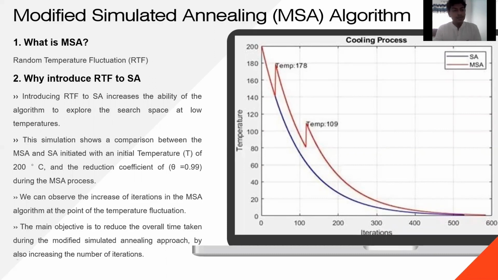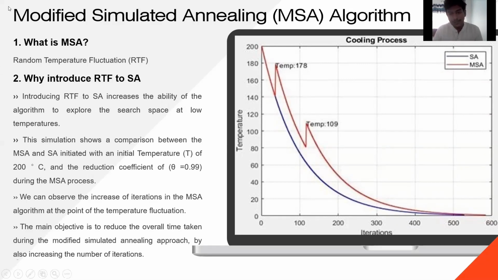As you can see here, in modified simulated annealing algorithm, what is MSA? Modified simulated annealing is where we have introduced a random temperature fluctuation to the standard simulated annealing algorithm in the hope of increasing more iterations so we can explore more search area to obtain a better solution.